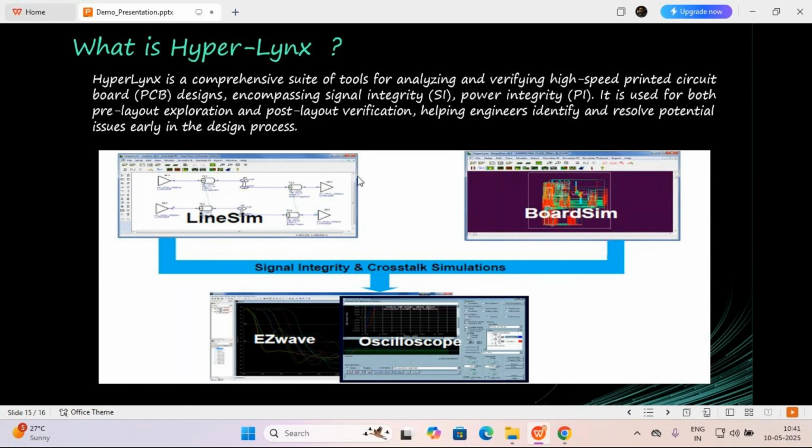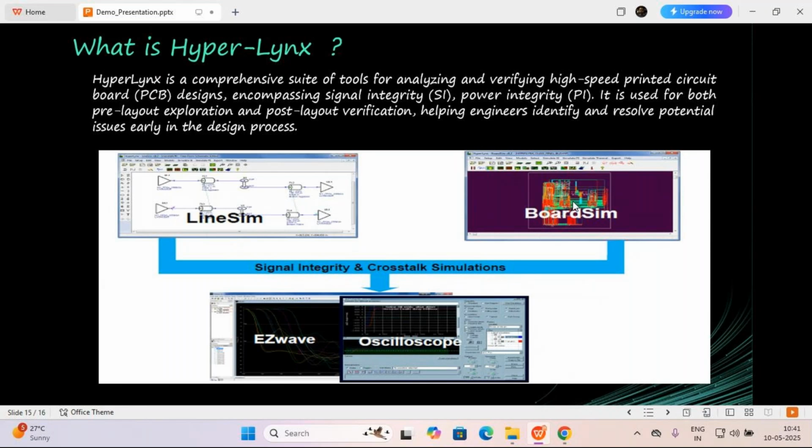So this reduces the overall project execution time, because once the layout is done, it is very difficult for a signal integrity engineer to provide a solution, because the layout is already done and you don't have the flexibility to change much. So whatever you can do, you do. That is why it is very much recommended to do a pre-layout before going to a layout design.